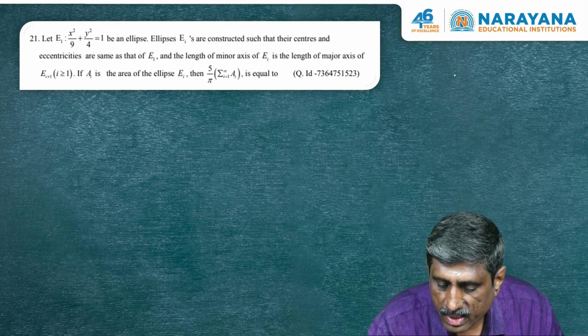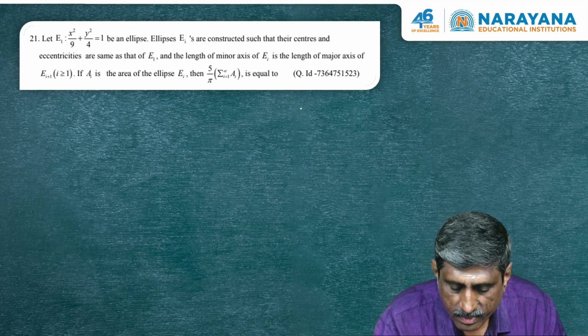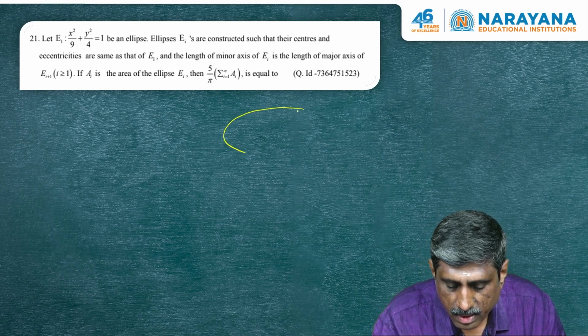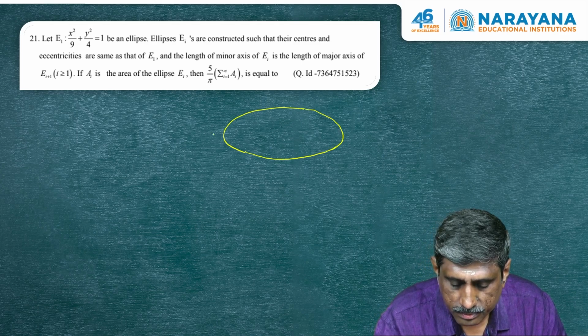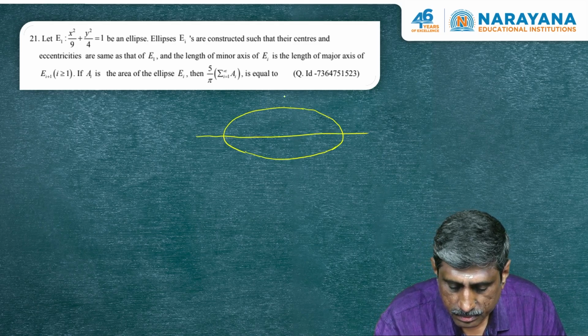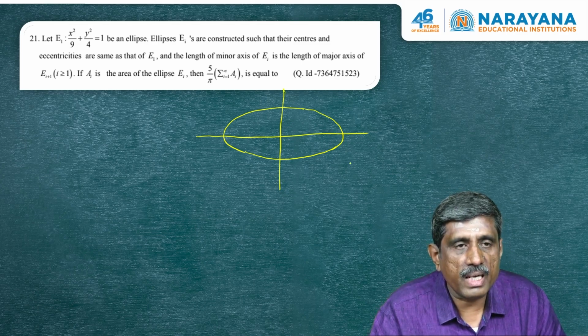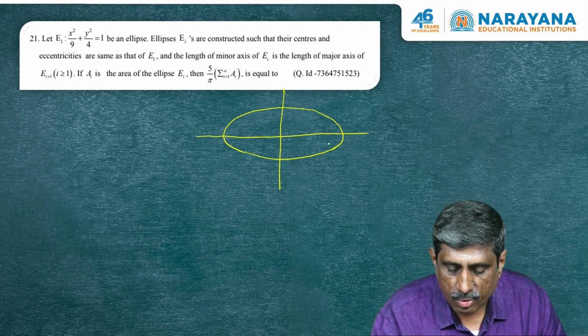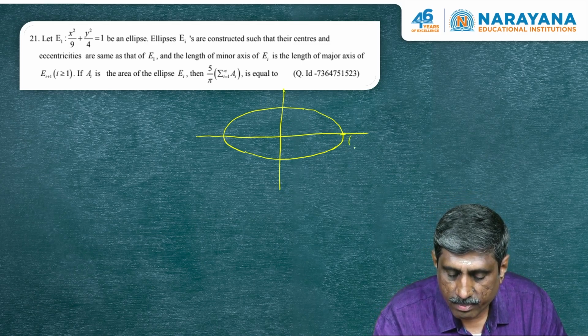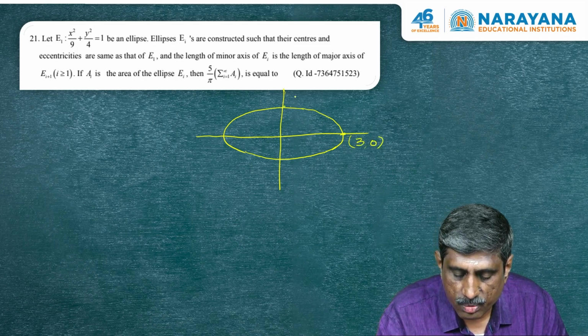If you observe it carefully, I can just draw it like this. Here is the given ellipse, x square by 9 plus y square by 4 is equal to 1, and this is the vertex 3, 0, and this is one end of the minor axis 0, 2.